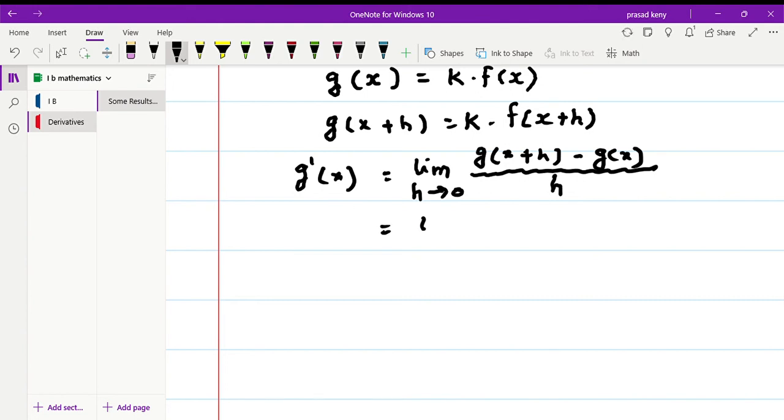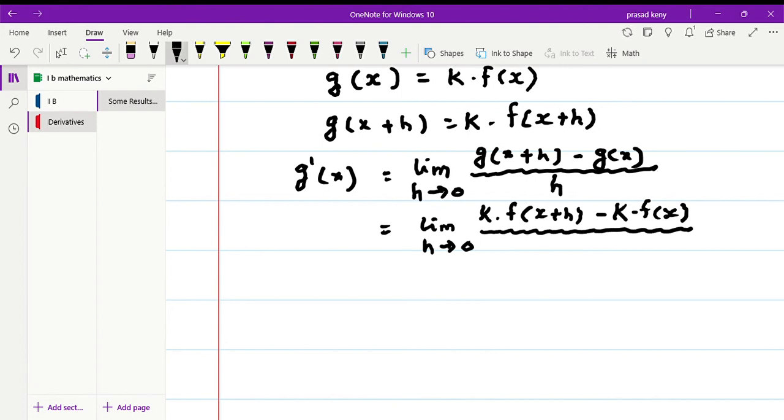So that is limit as h tends to 0, g of x plus h, that is k times f of x plus h, minus k times f of x upon h.